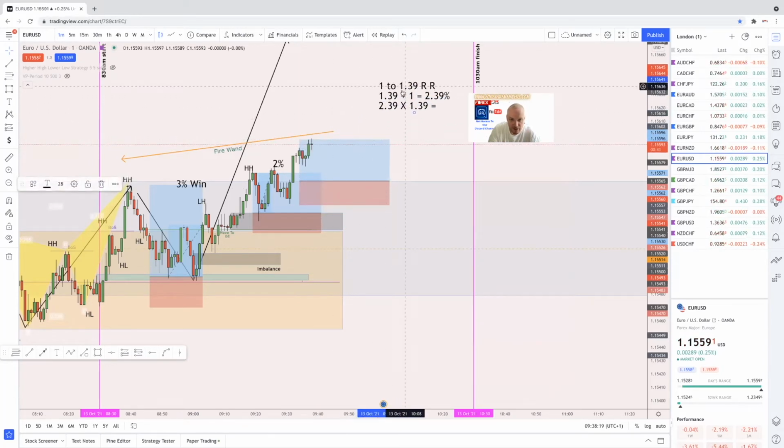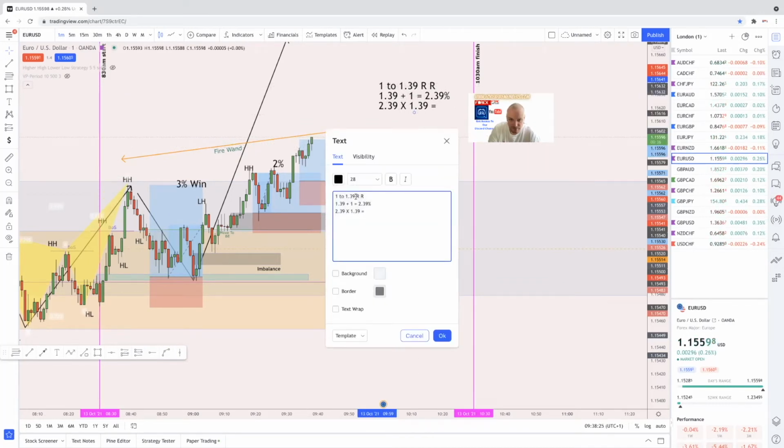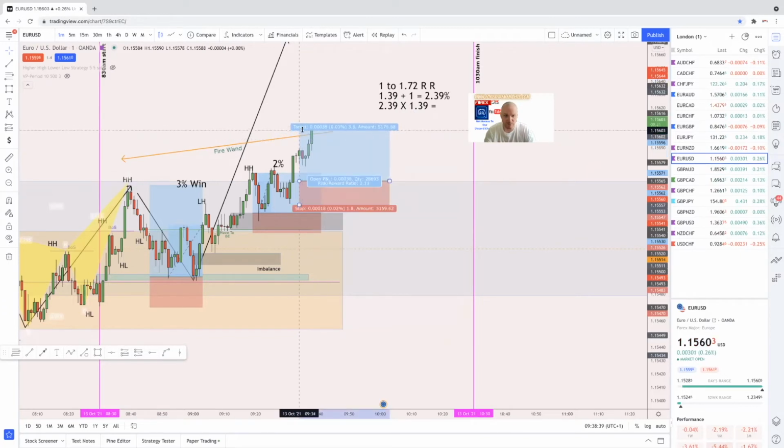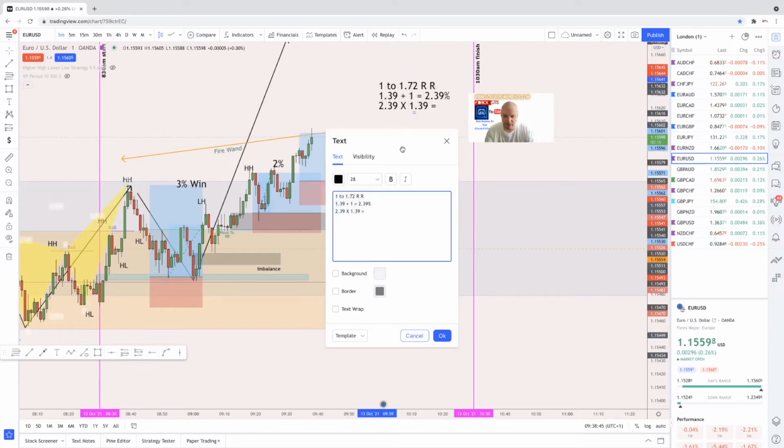We might change the mathematical equation on this. 1.72, right? Yeah, let's just change that. So 1.72 to risk to reward of 1 to 1.72. How can we get this to a 2? Yep, there's a 1 to 2, right? That's better.